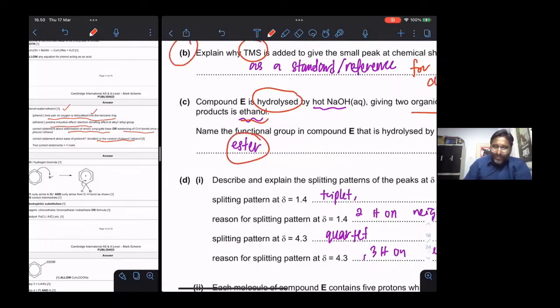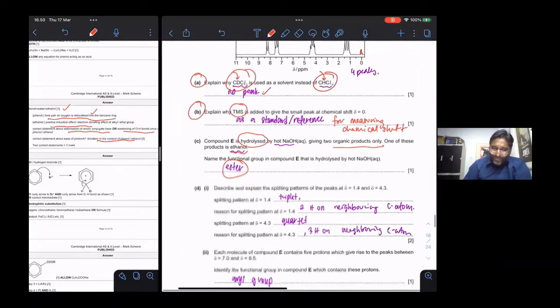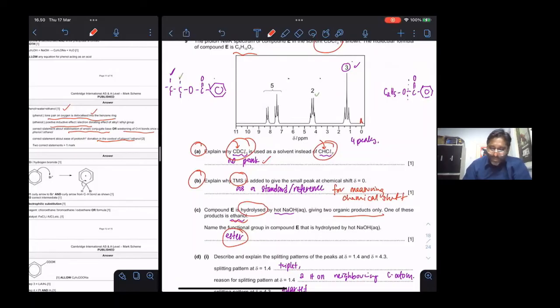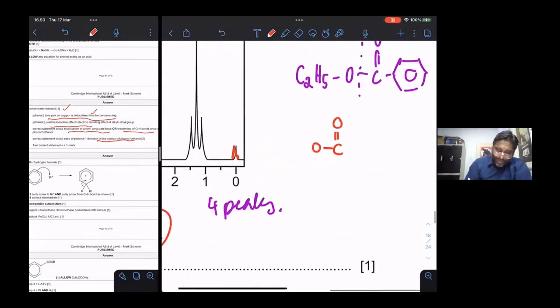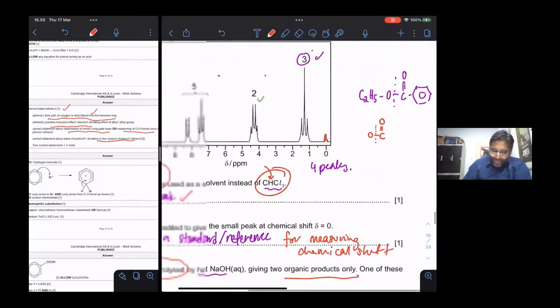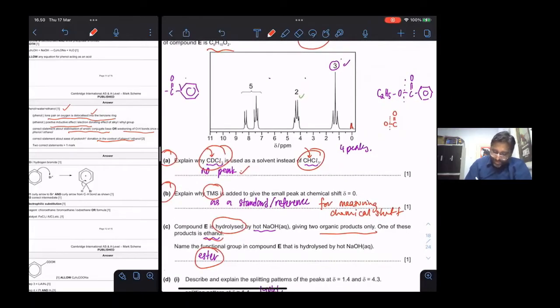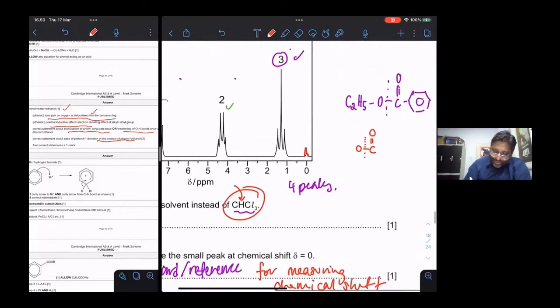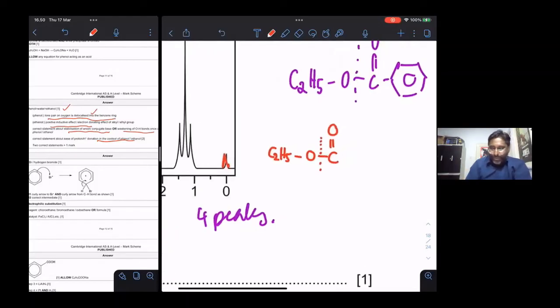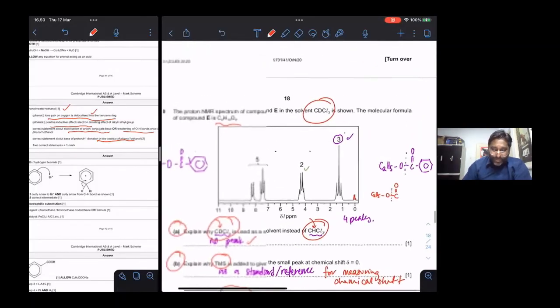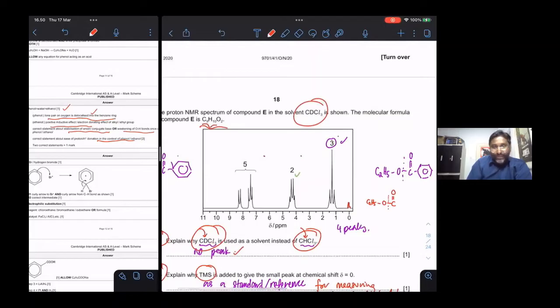Ester. The moment we know that it is an ester, it will give you a lot of information. What information will I get? I know the ester bond exists, so I just put the ester, and when I break this bond, I have ethanol. They say one of the products is ethanol, so I just have to put C2H5 over there. Then only I get the ethanol. So I have already found half of the compound. I have 3 carbons here. They say 9 carbons, so I need 6 more carbons.